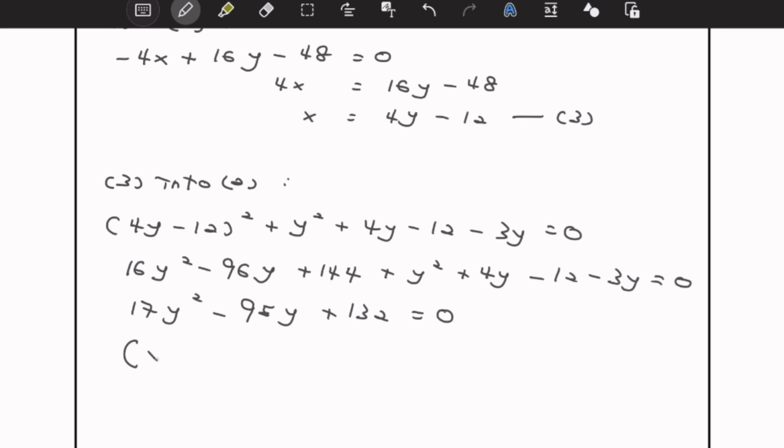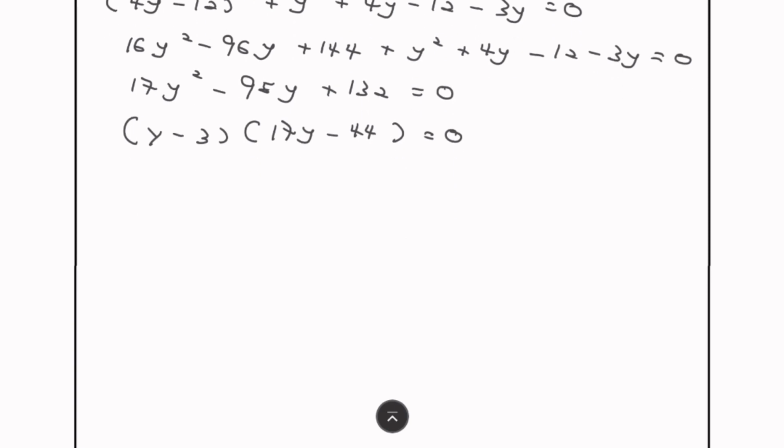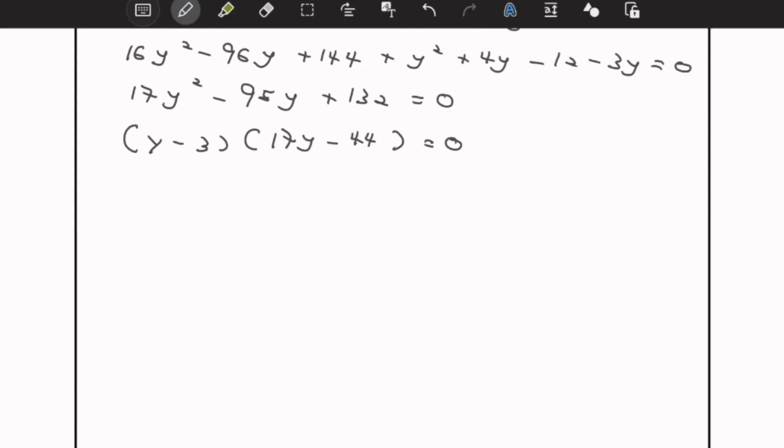Factorize, we get (y minus 3) multiplied by (17y minus 44) equals 0. So we have two values of y here: y equals 3 and the other, y equals 44 over 17. We will substitute these values of y into equation 3.